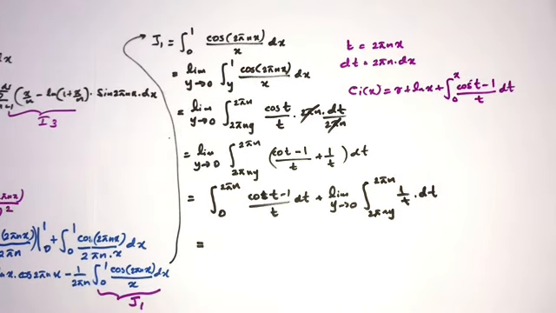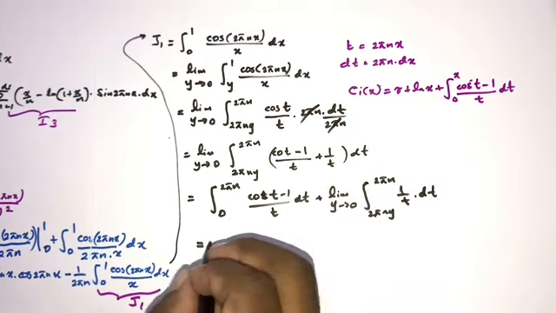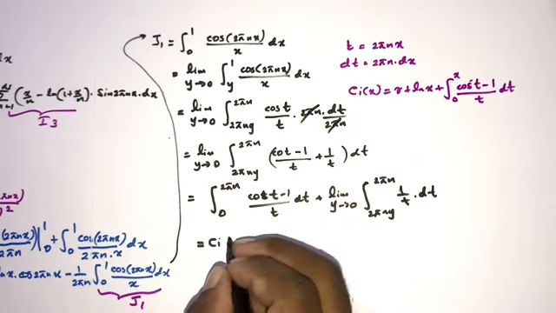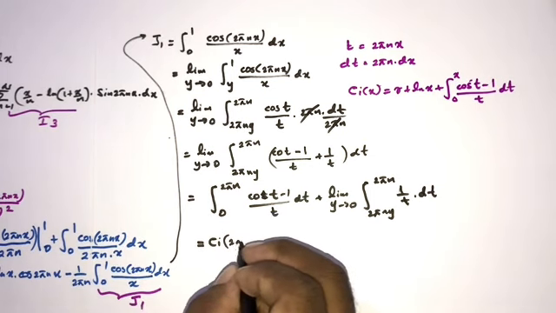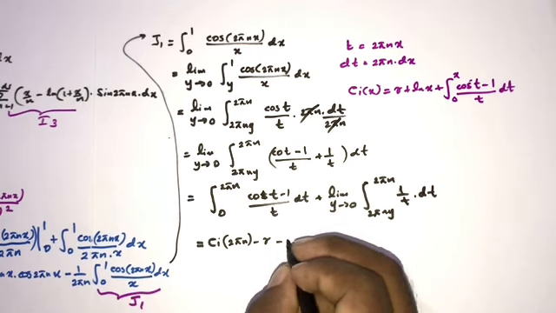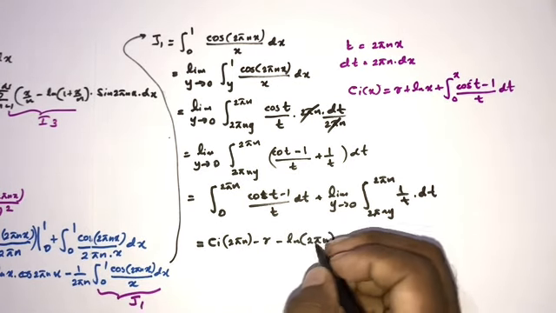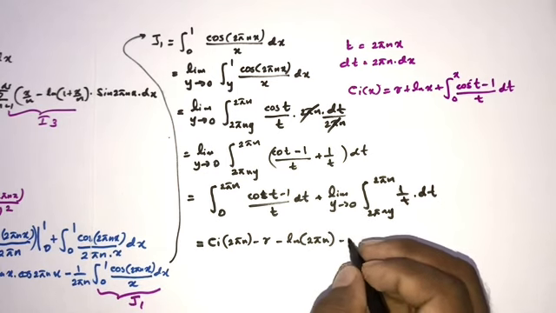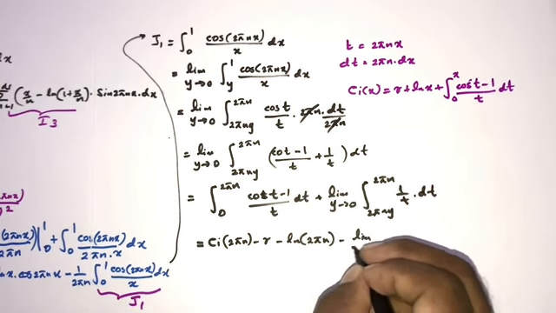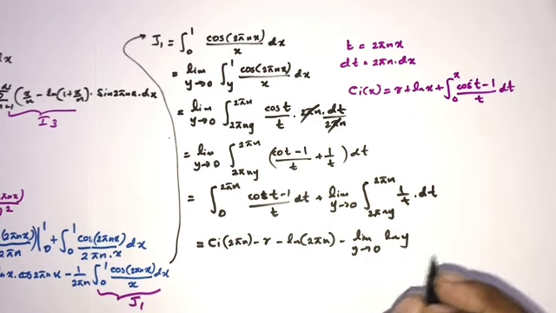So now we can write for this integral, we have Ci of x, with upper limit 2 pi n, minus gamma minus natural log of 2 pi n. Then here we have the limit as y approaches 0, we can write natural log of y.